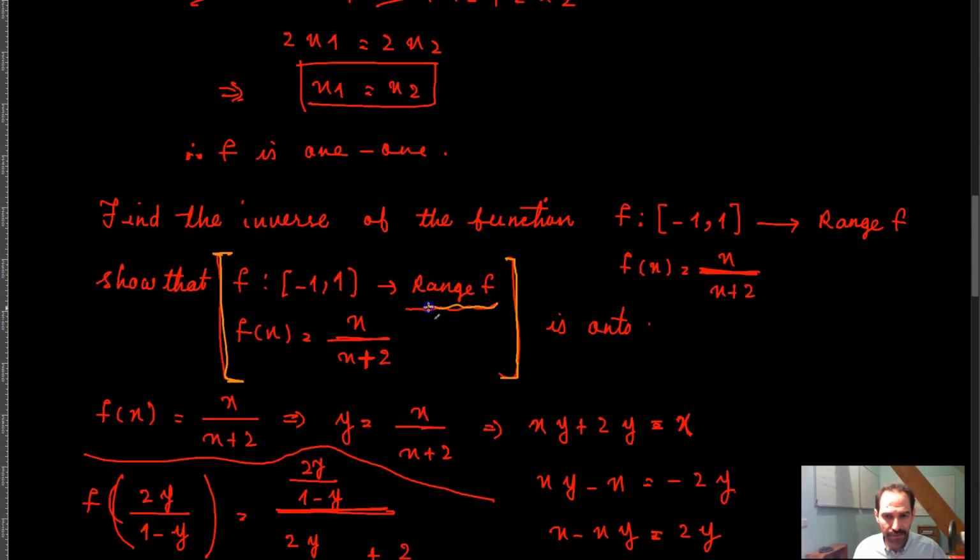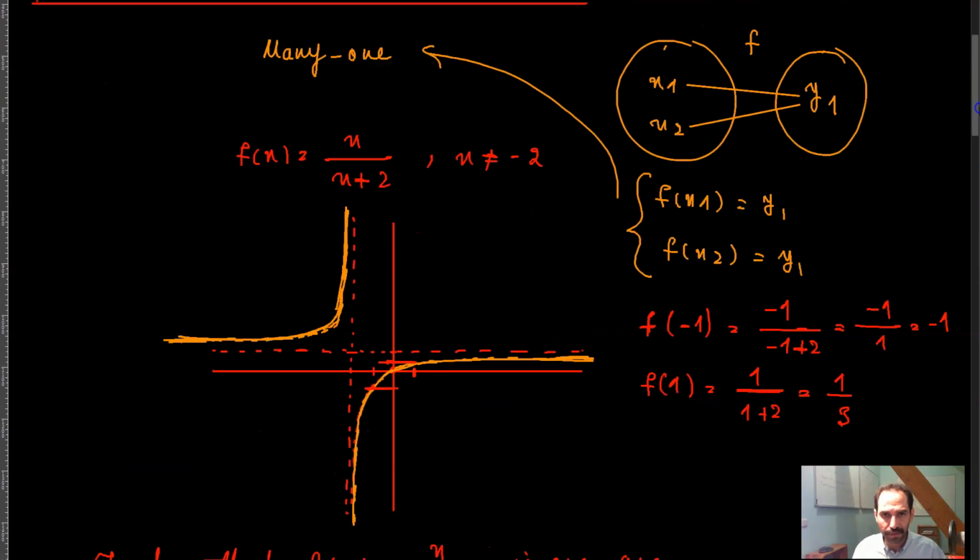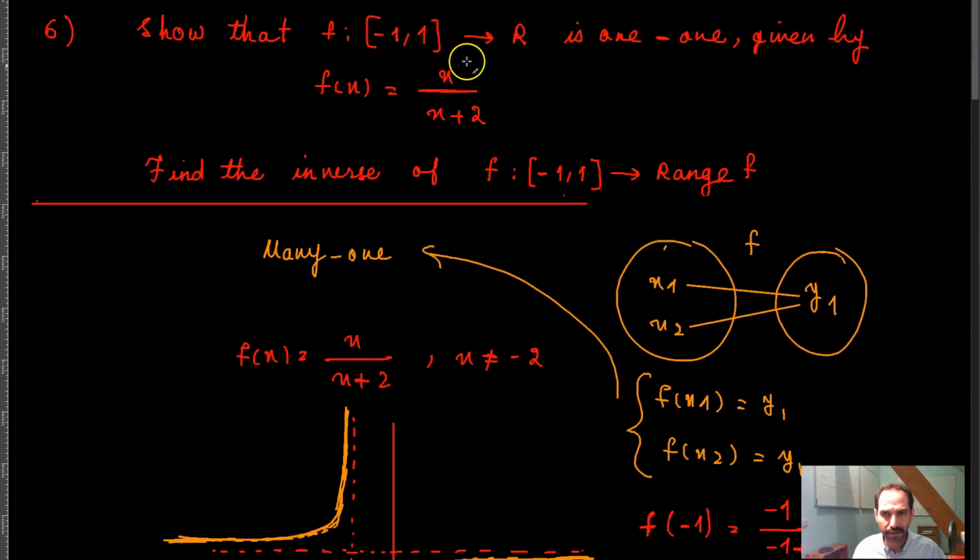The range of f becomes, in this case, the codomain of f. Of course, I should have called this, for example, this f refers to this function that we had over here, right? So I should have called this, for example, the function h or something else, but then that second f refers to this function.